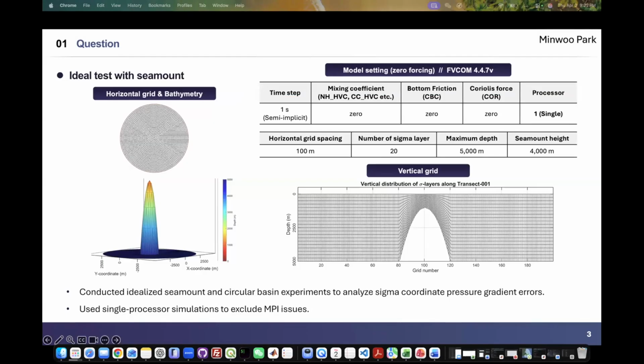The second thing is you have to be careful to understand the sigma error issue. You say that you turn off the bottom friction, right? You turn off the bottom friction, you turn off the mixing coefficient. However, have you turned off the horizontal viscosity coefficient? Do you turn off the baroclinic advection term?